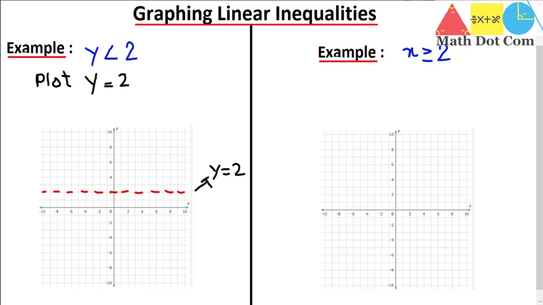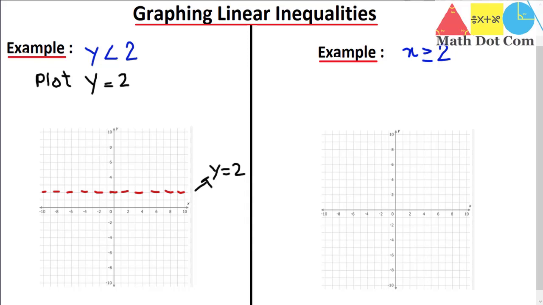Now the next step is we have to shade the area that will be included in the solution set of y less than 2. As I have told you in the previous lecture, when it's greater than, then you have to take the area above the line. But here we have less than 2, it means the area below the line will be included.